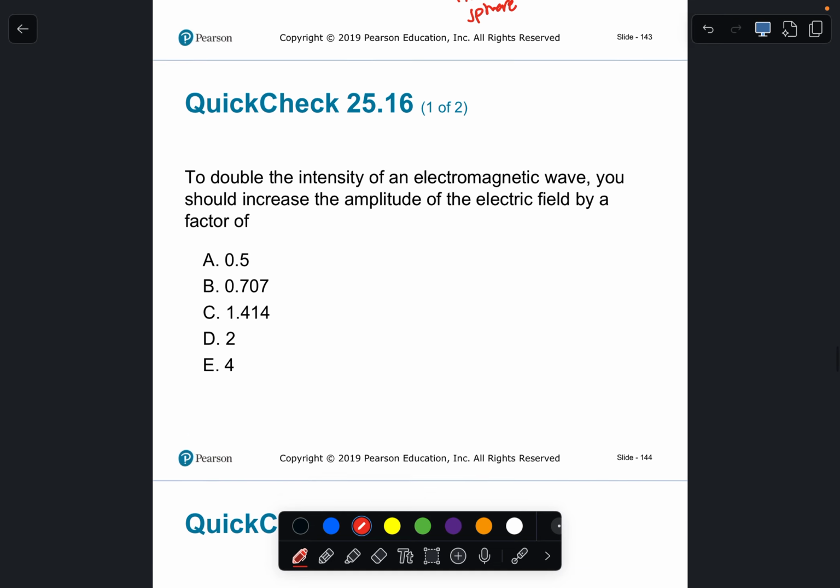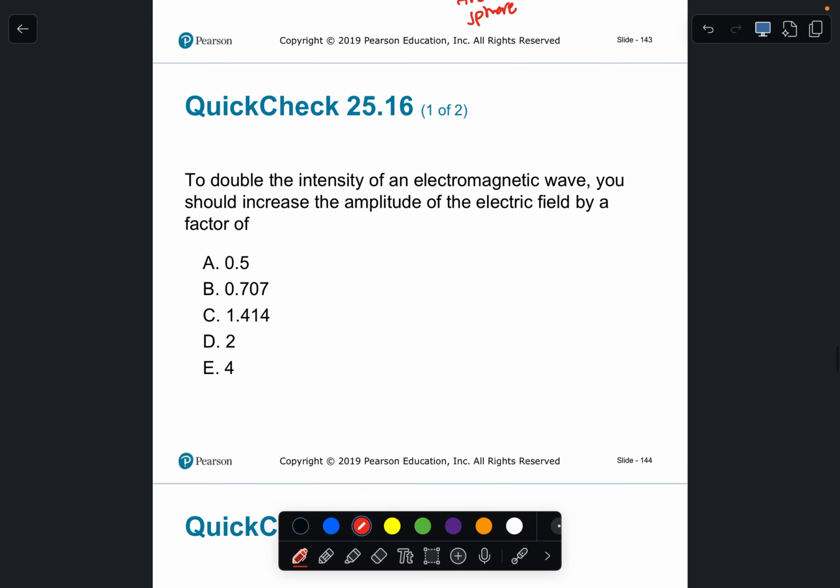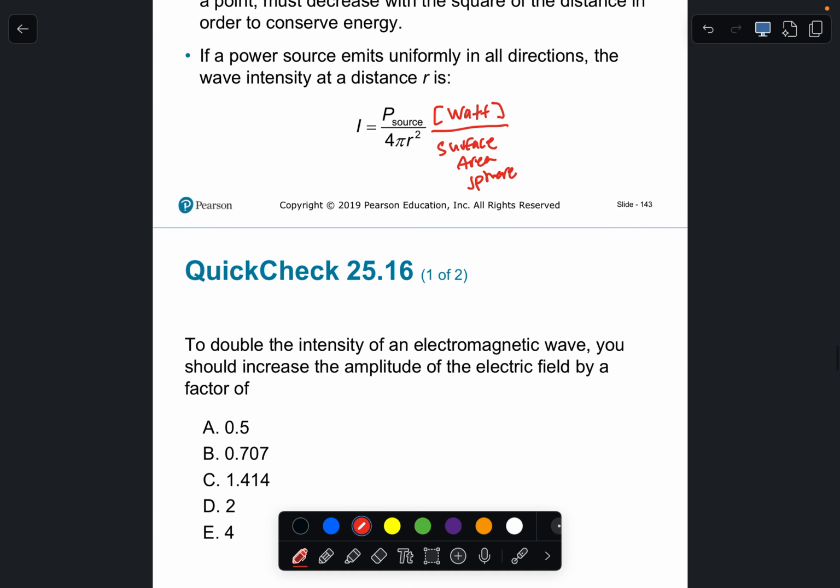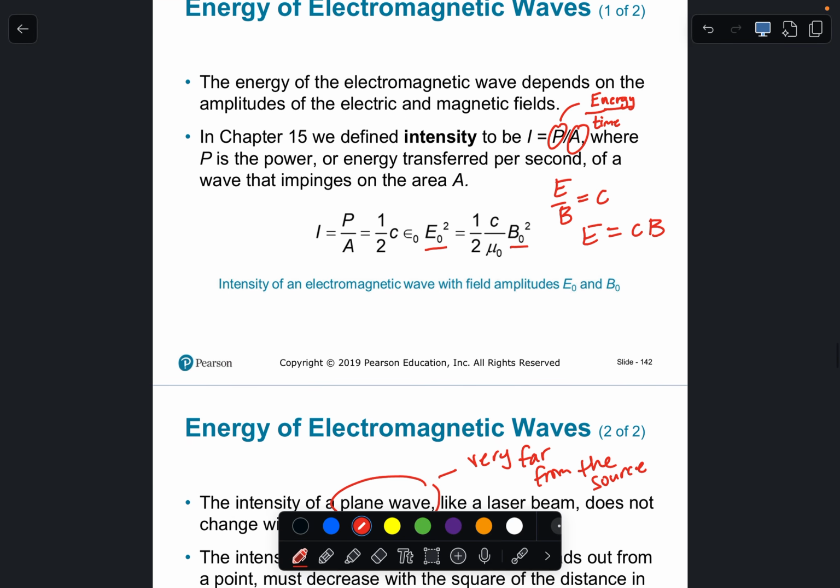So let's put this into practice. If we want to double the intensity of an electromagnetic wave, what should we do to the amplitude of the E field? What factor should we increase the E field by? Let's go back and look at the equation for the intensity of an electromagnetic wave in terms of the E field, and that's this guy right here.